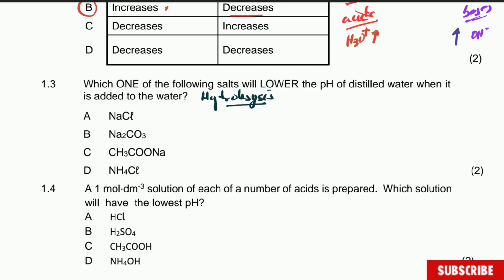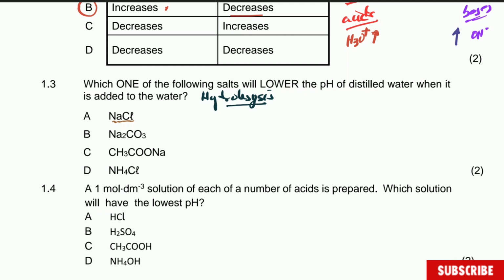We'll post the link so you can go and watch the video on hydrolysis. But remember the type of salt is coming from the reaction of certain acids and bases. For instance, sodium chloride is coming from the combination of sodium hydroxide and hydrochloric acid.